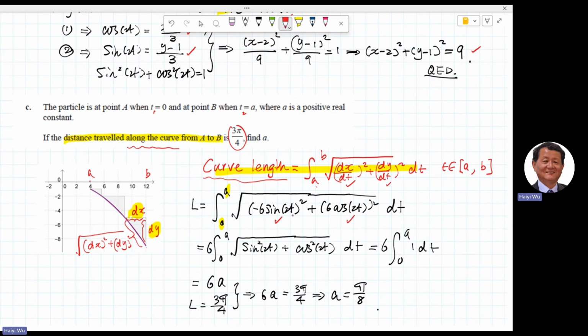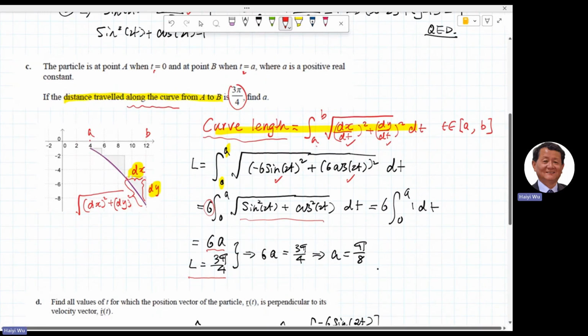Then you take the 6 out to the outside, and inside the square root is 1. So the integral is just 6a. Because the arc length is already given, 6a equals 3 pi over 4, so a is pi over 8. So we solved that. That's a pretty interesting question, C.